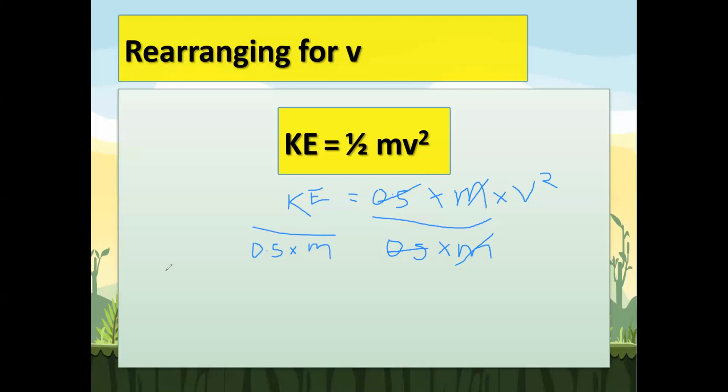So you're going to get KE divided by 0.5 times M is equal to V squared.